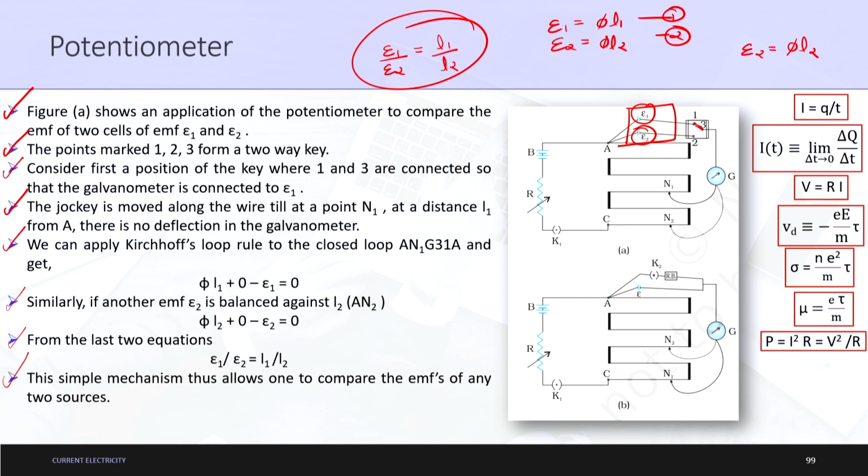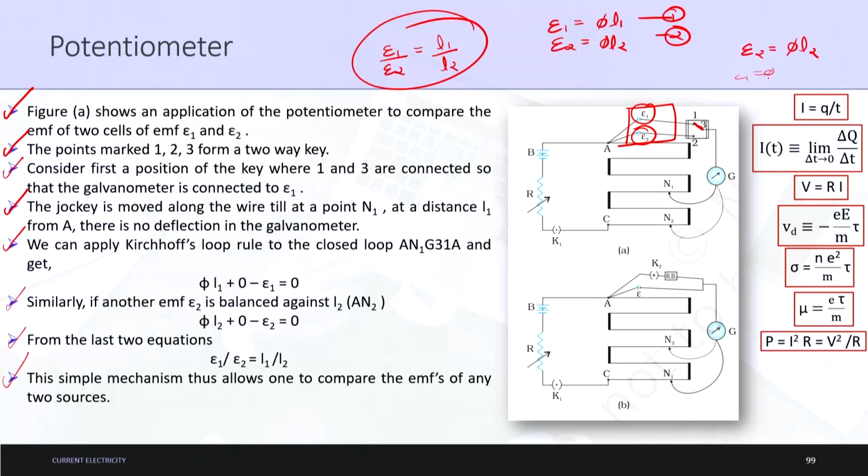How? You connect one of them first. You use a jockey and move it to the point at which the current passing through the galvanometer is 0. Then epsilon 1 is equal to phi L1, and you find the value of L1. Similarly, you join the circuit like this, with 2 and 3, and then you will find some length L2. The ratio L1 by L2 will be the ratio of epsilon 1 by epsilon 2. So this is one of the applications of using a potentiometer.